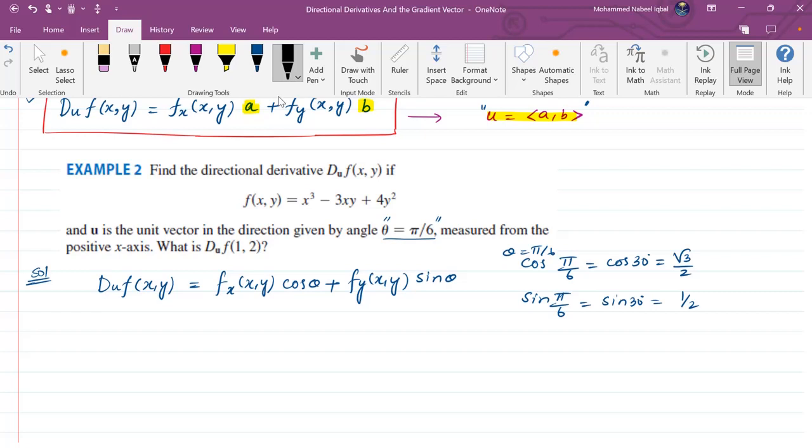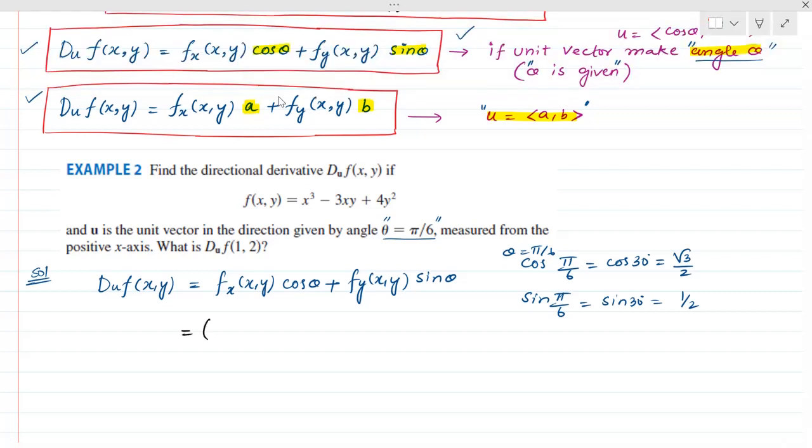So first of all, we have to differentiate this function. What is the differentiation with respect to x? It is 3x squared minus 3y. There is no x term, so 0. This is done. Plus, what about this part with respect to y? Here there is no y term, so 0.